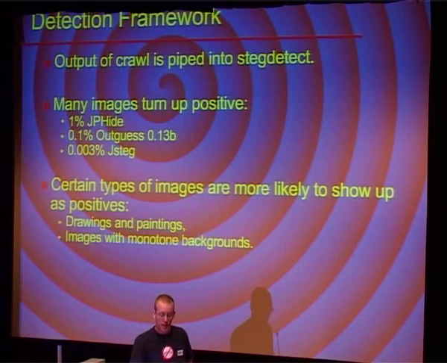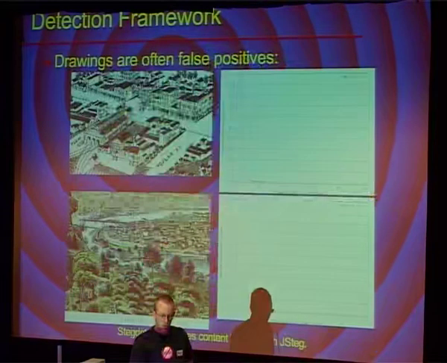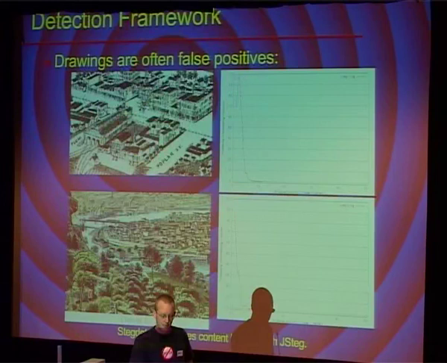But you'll find that certain types of images are more likely to show up as messages. So drawings quite often seem to be false positives. And if you look at the graphs, this is for JSteg, you see that they sort of follow the graphs that I showed earlier, but not quite. So maybe I can tweak the program a bit to throw out these results and make sure that there's at least some more positive correlation.